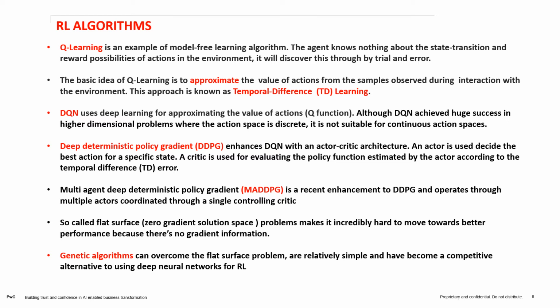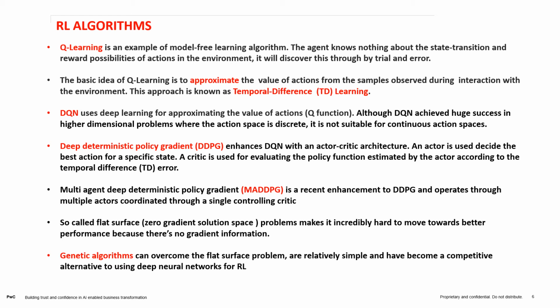A further enhancement of DQN is the so-called actor-critic architecture, where one agent, the actor, is used to decide on the best action in a specific state, and then another agent, the critic, is used for evaluating the policy function estimated by the actor, according to the TD error.